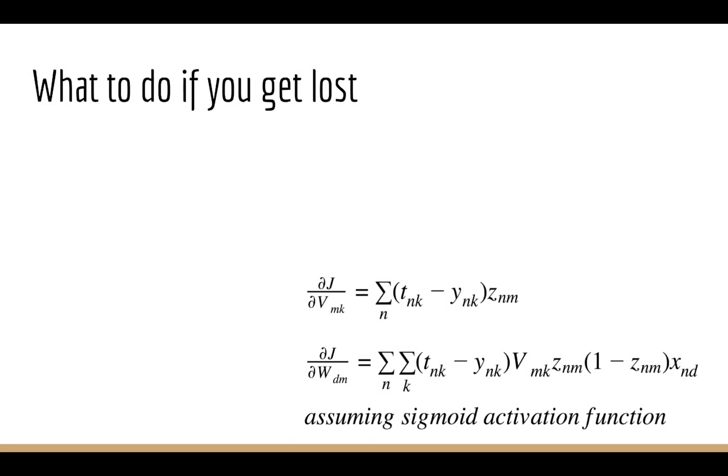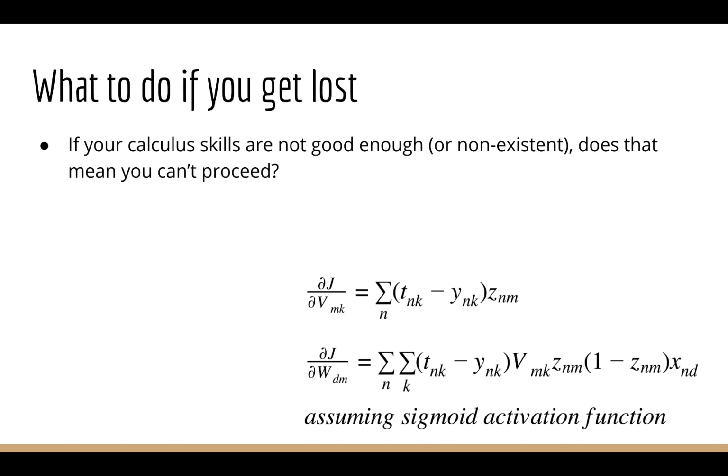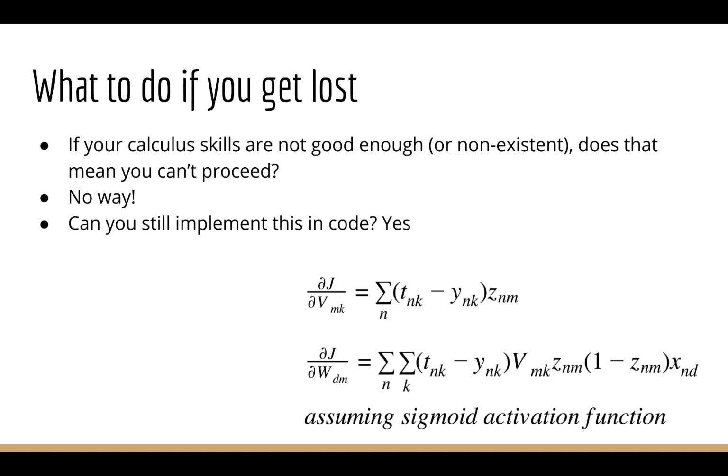Now, let's say you're getting lost in the derivation of the gradient, either because your calculus skills are lacking or simply non-existent. Does that mean you can't proceed? Well, no. In fact, I can tell you the answer right now. You can see the gradient for W, and you can see the gradient for V right on this page. Now, what can you do with this? Well, as always, once we have the equation, the next step is to put that equation into code.